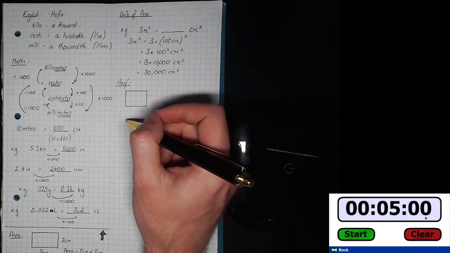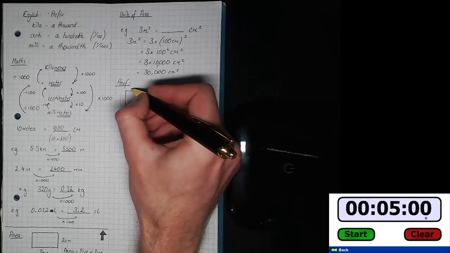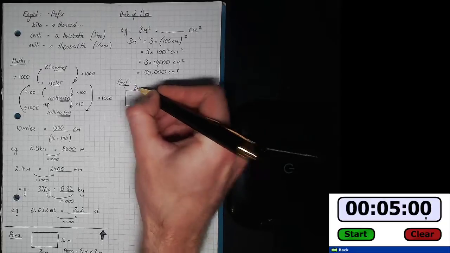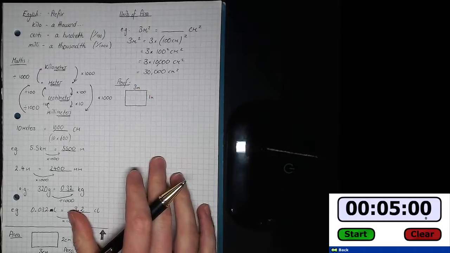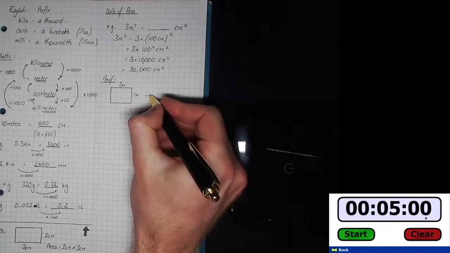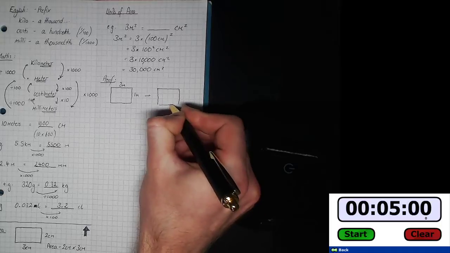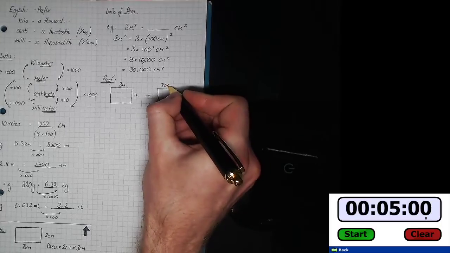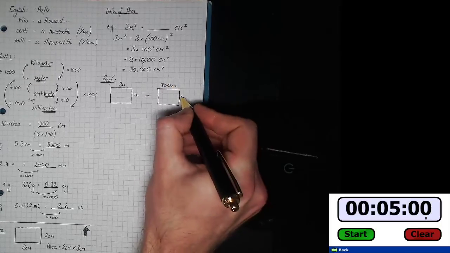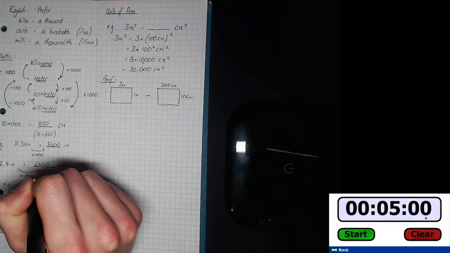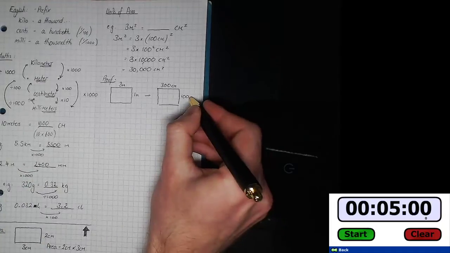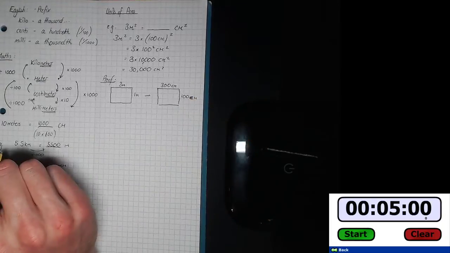So let's think of something that would make 3 meters squared. Let's say 3 meters long, 1 meter wide. In centimeters, that would be 300 centimeters long and 100 centimeters wide.